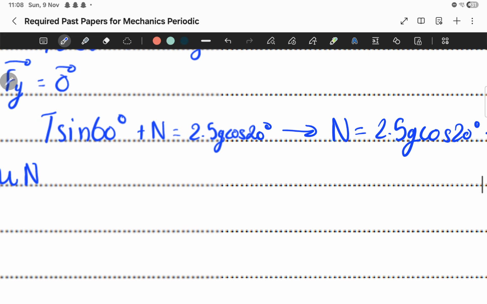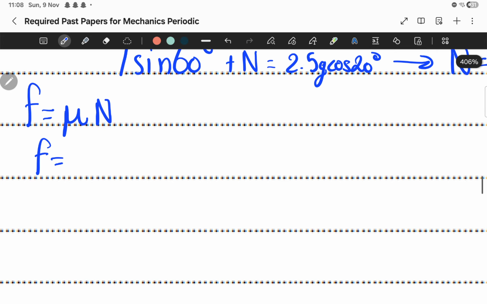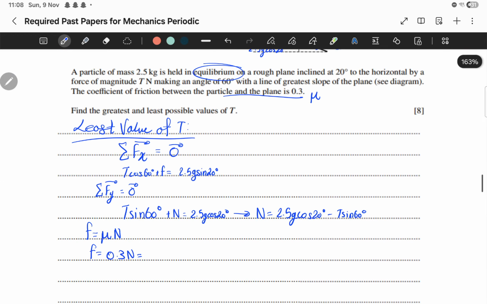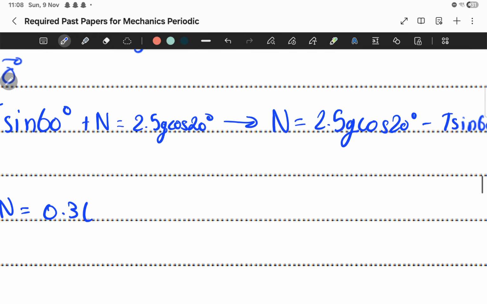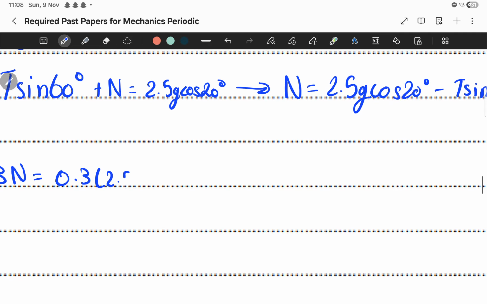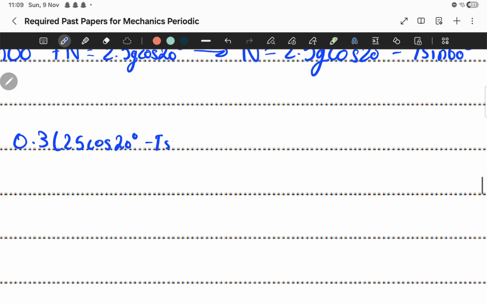Now this will give me F is equal to mu, which is 0.3, N, which is 0.3 into 2.5 g, or let's just try 25, 25 cos 20 degrees minus T sine 60. Okay, now this is F.